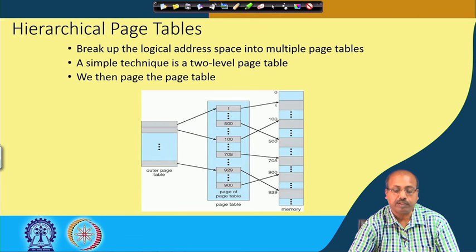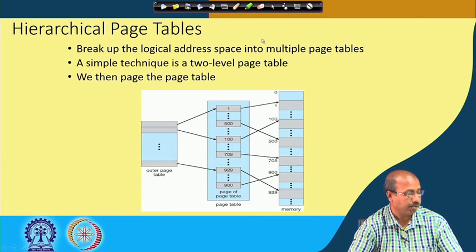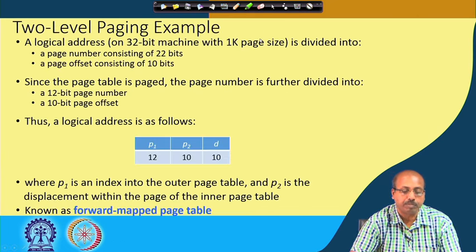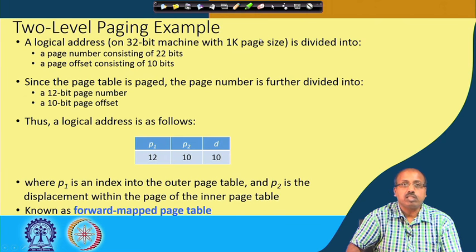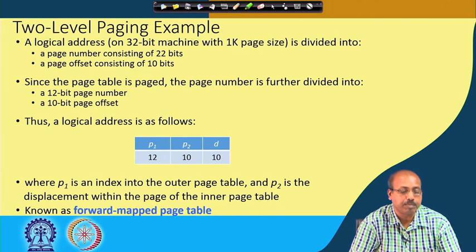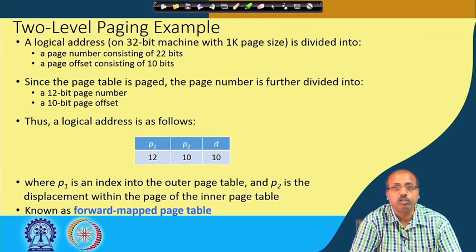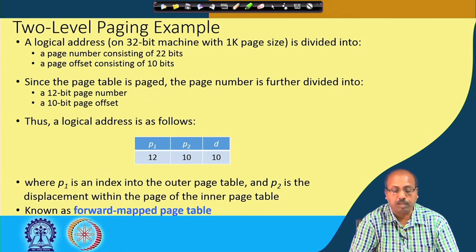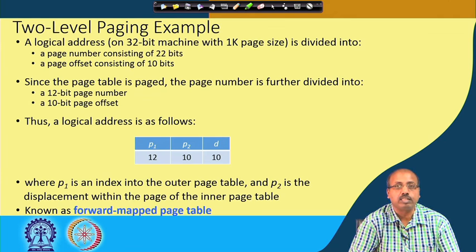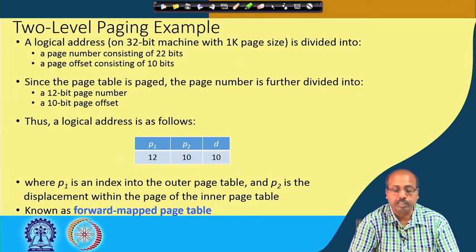To explain it further, we can look at this 2 level paging example. Going back to our previous example, suppose we have a logical address space of a 32 bit machine with 1 kilo page size. So, the page size is 1k, and the logical address space is 32 bit.